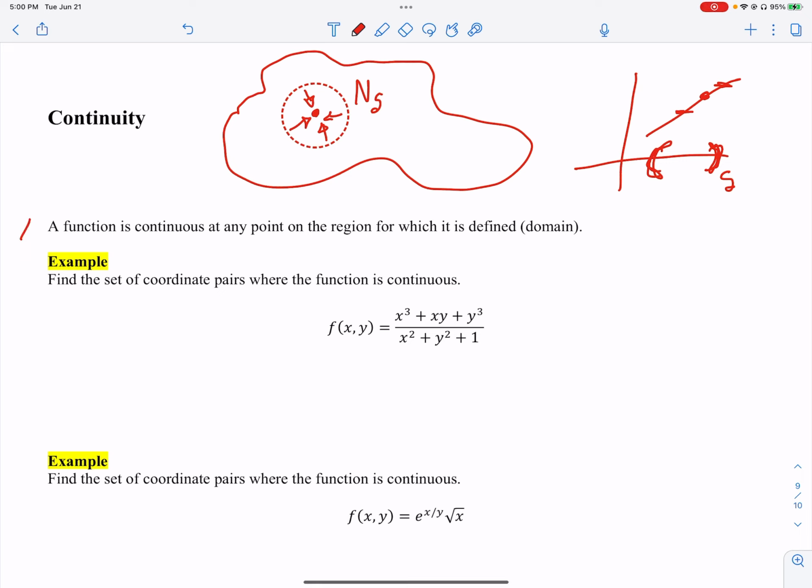So you have seen this before back in Calc 1, and maybe even before, but a function is continuous at any point on the region for which it is defined. What that means is if I can plug numbers in there, then it is continuous there. That's all that means.